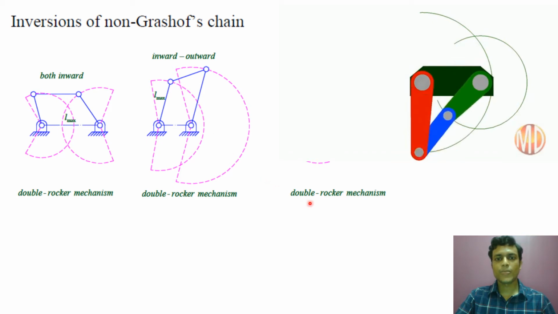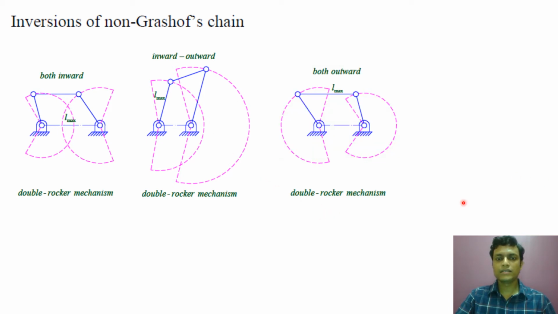Next one is both outward, when Lmax is the connecting rod or coupler. So when Lmax is the connecting rod or coupler, both the crank and follower will oscillate in outward direction.